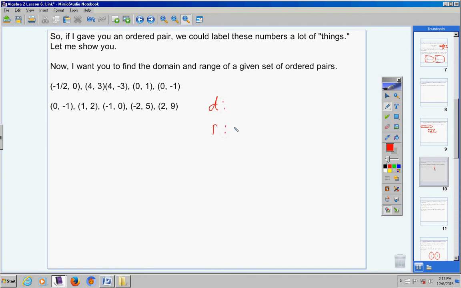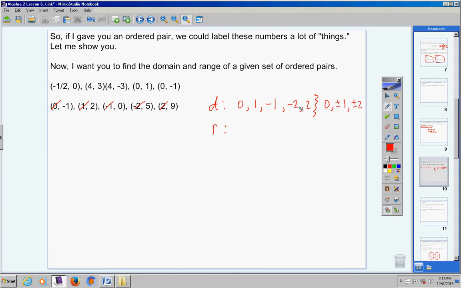Okay, here we go. My domain would be 0, 1, -1, -2, 2. And I've seen a lot of books do it like this: 0, ±1, comma, ±2.